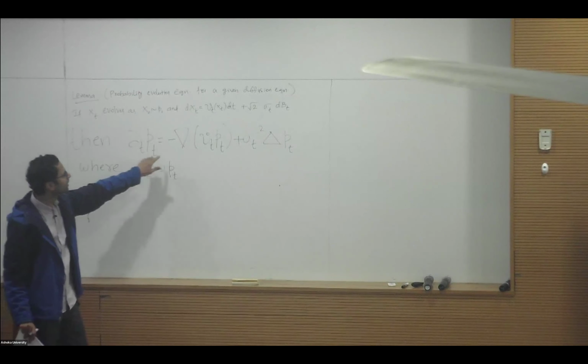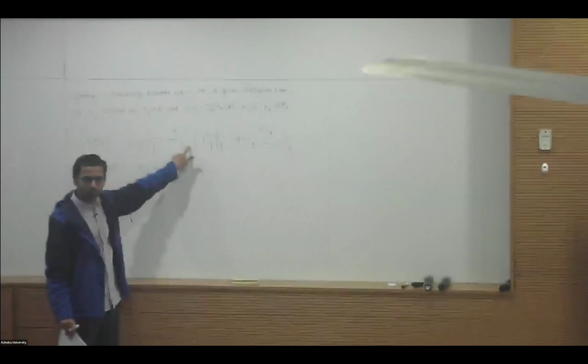So del t pt is minus grad dot vt pt. So this is the divergence operator.